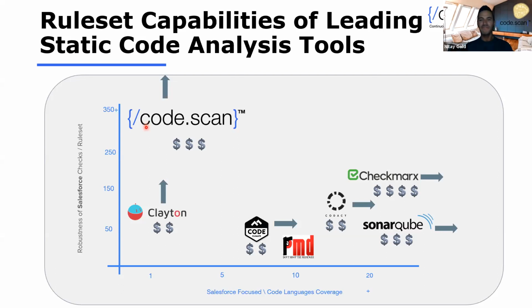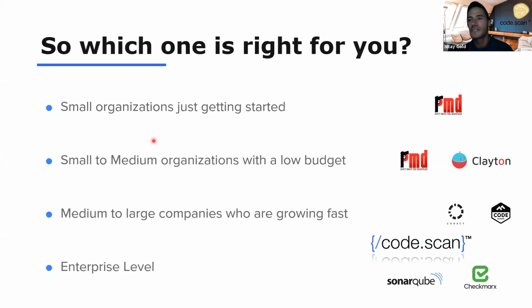Cool. All right. So if we just summarize that, I would say that if you're a small organization just getting started, and you have maybe one or two developers, you don't want to spend a lot of money on technology, at least not at this point, and you haven't finalized the DevOps process, I would say PMD is a good option.